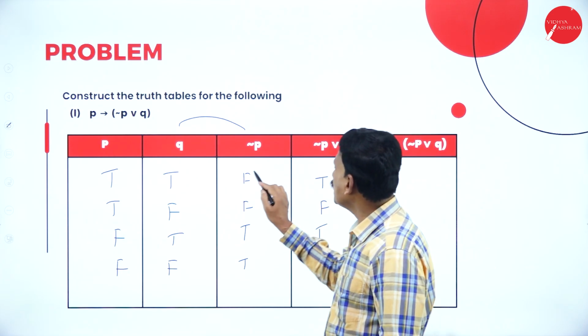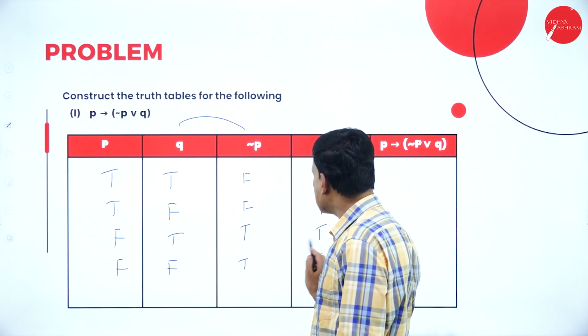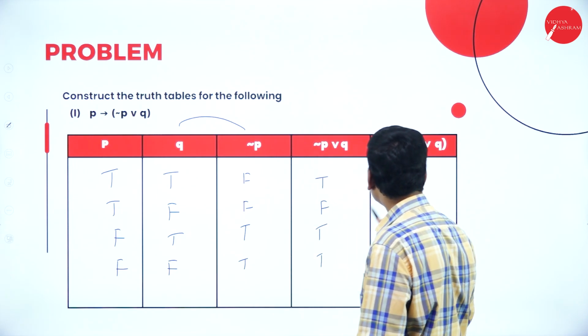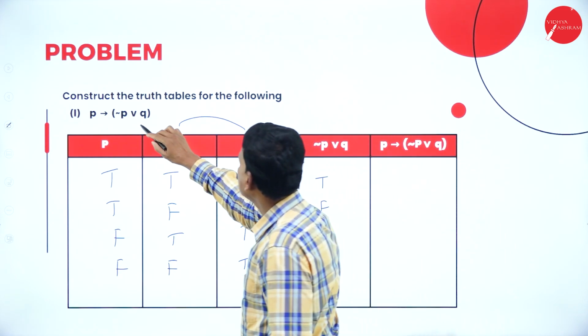So here negation of P, F and T is T, F and F is F, T and T is T, T and F is T. Now write down the conditional statement for P and this.